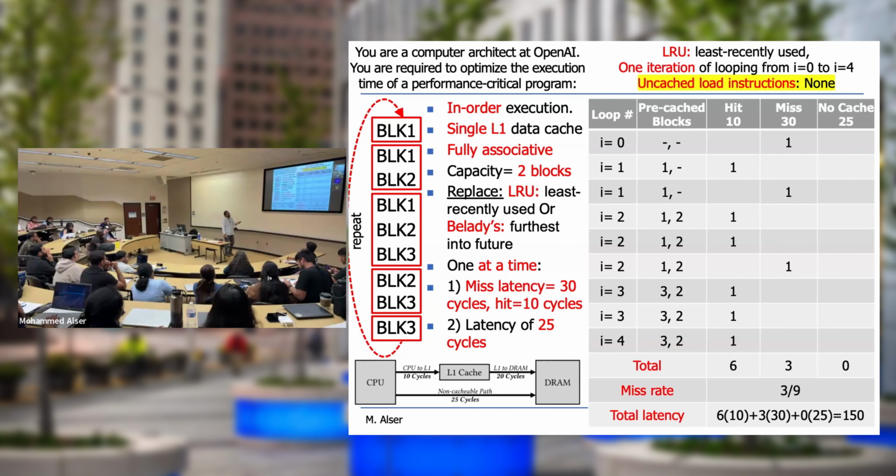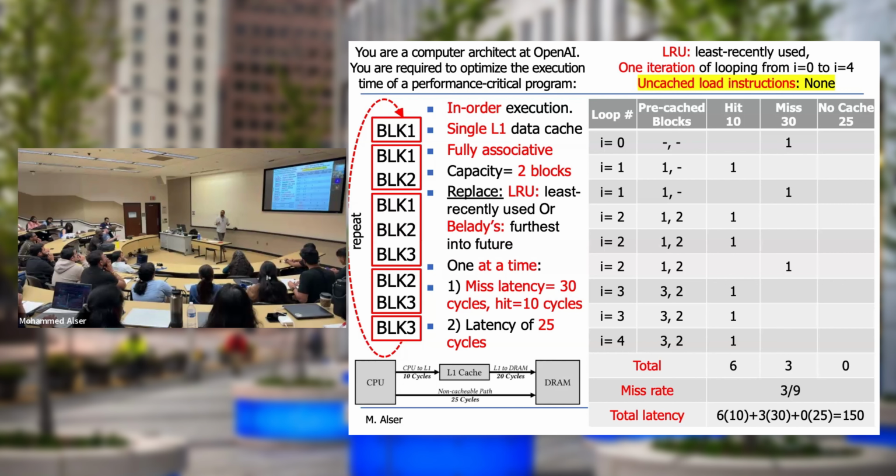And then we are missing block 3, but the cache is full now. The capacity is 2 blocks. So we have to do something. We have to take one of them out. Which one? Should we take block 1 or block 2? Least recently used. Which one was just now used? Block 2, right? What was earlier than that? Block 1. What was earlier than that? Block 2, block 1, block 1, and so on.